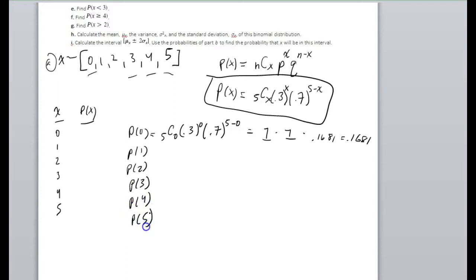Don't worry, this is not something that you're going to have to do in every binomial problem, but for this example, I'm going to show you how to do it. So this one's going to be 5 choose 1, this one 5 choose 2, 5 choose 3, 5 choose 4, 5 choose 5. At this point, I would expect you to do this choose thing in your calculator.